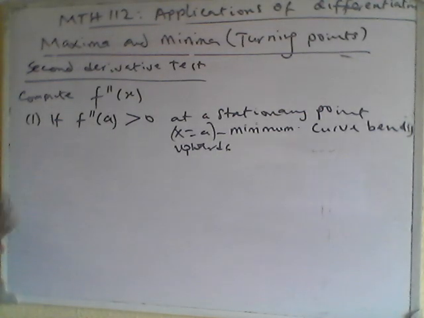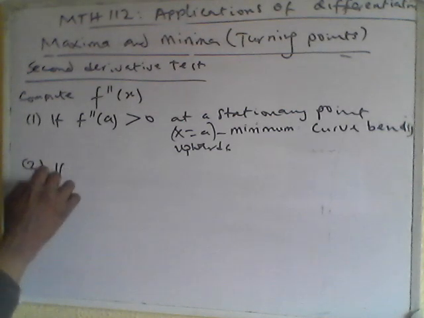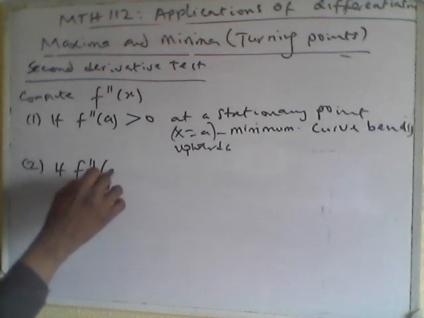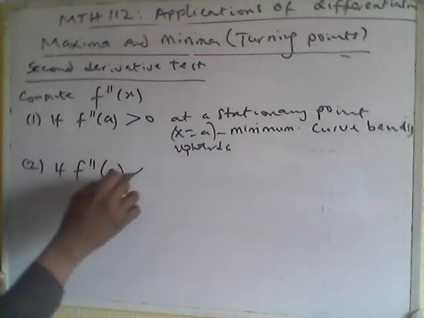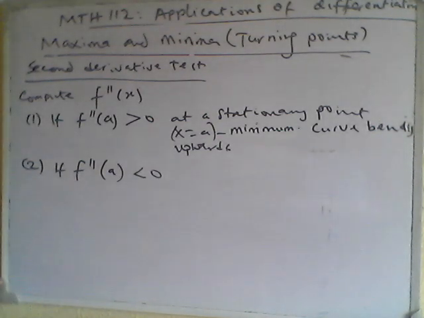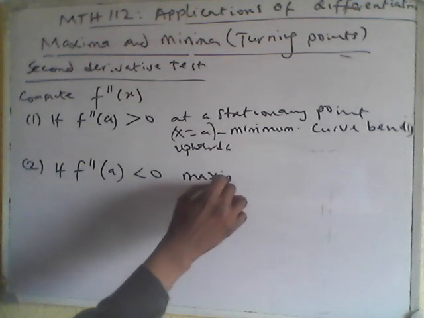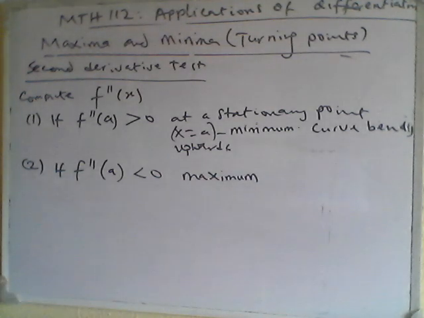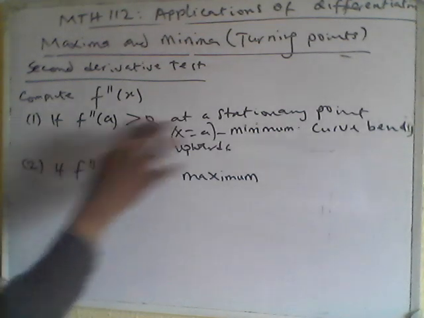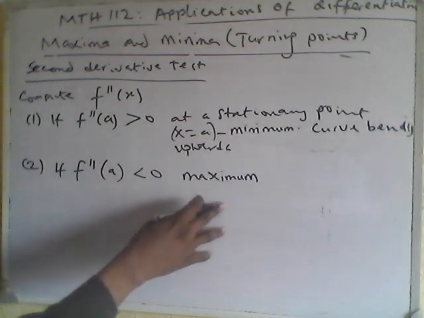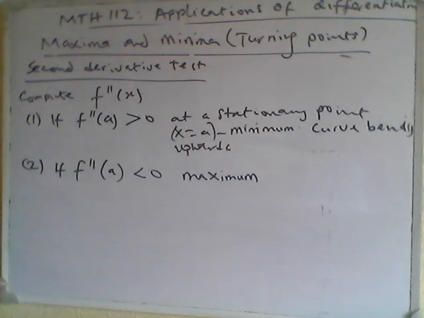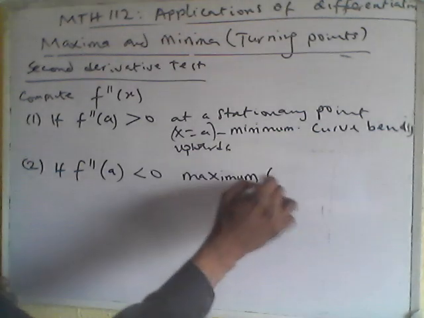Now, the second condition is for us to test for maximum. If f prime prime of a is less than 0, then this is maximum. Okay, maximum. So greater than 0 is minimum, less than 0 is maximum. So this is where the curve bends downwards.